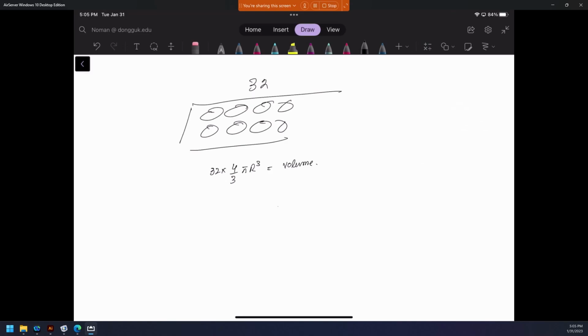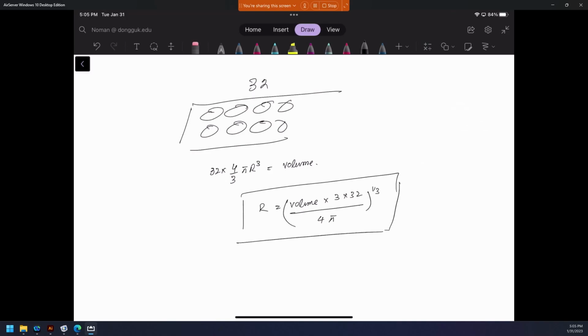Okay, so if you do it like this, it is 32 divided by 4 pi, raised to the power 1 by 3. I think like this you will be able to calculate the radius, right?